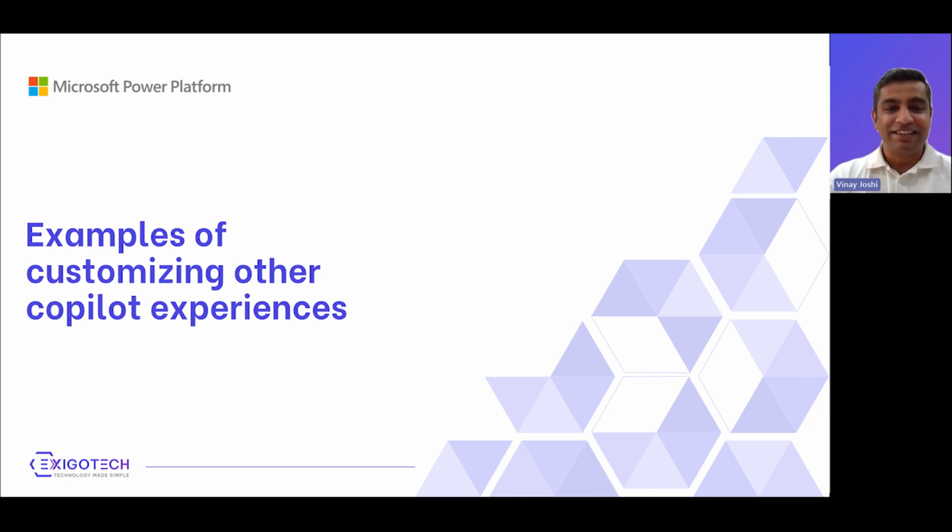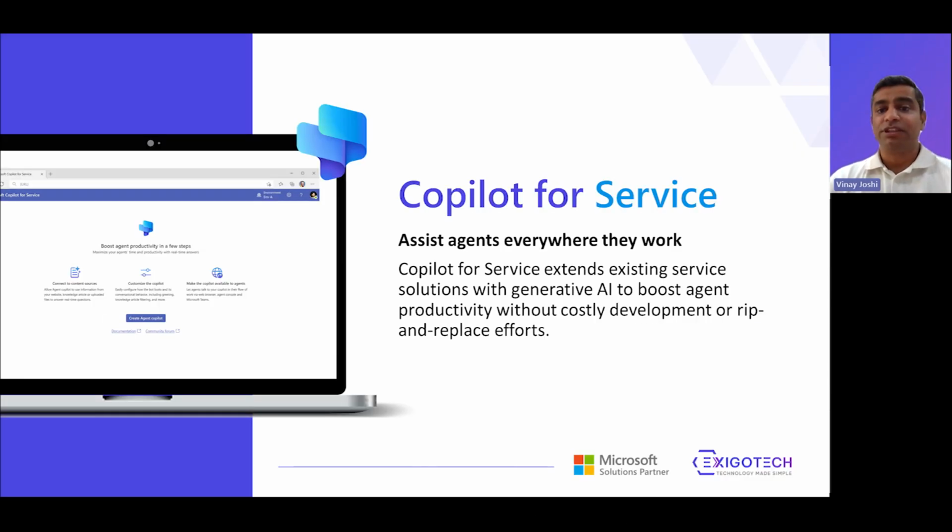Now let's consider a few examples of how we can customize other Copilot experiences. So Copilot for service, which I was already talking about, how an agent or a bot can have Copilot in the service before even handing over to the human agent.